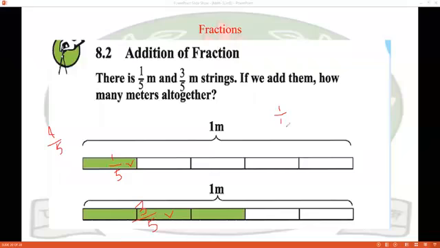1 by 5 plus 3 by 5. The common denominator is 5. Dividing 5 by 5 we get 1, so 1 into 1, plus dividing 5 by 5 we get 1, so 3 into 1.